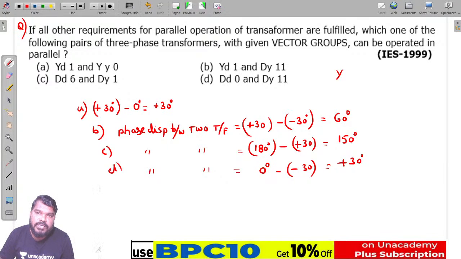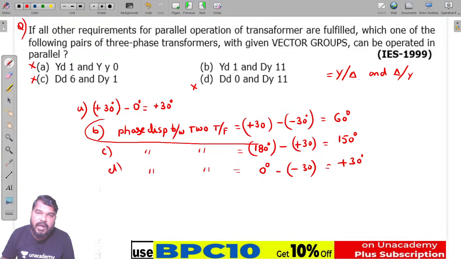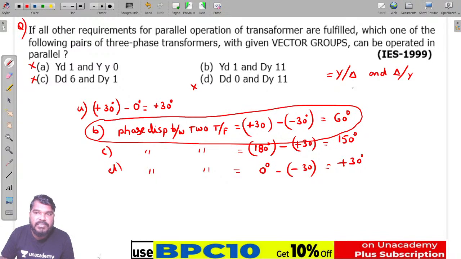YD is star delta, and delta star is given for option B. The others are not possible, but there is one twist in option B. Initially it is star delta and delta star.